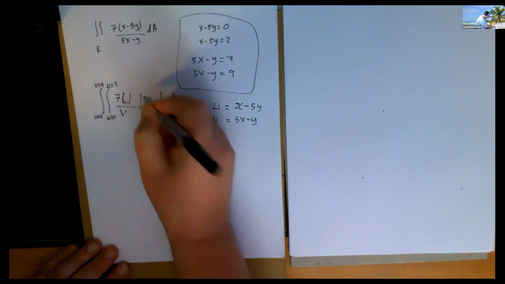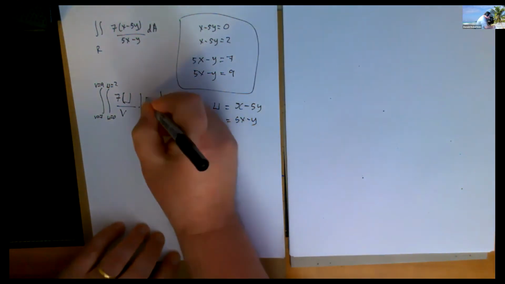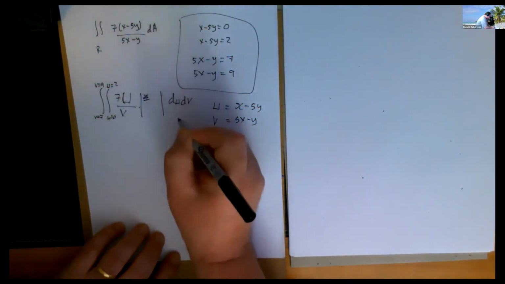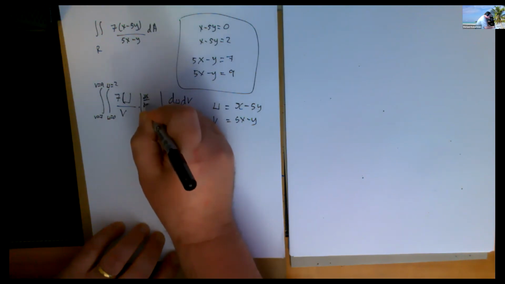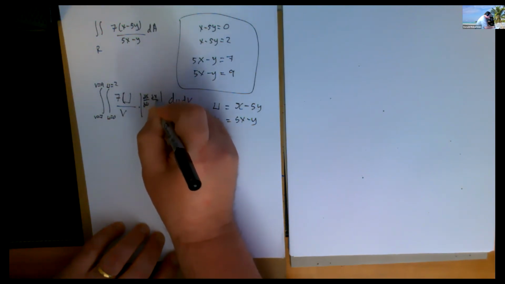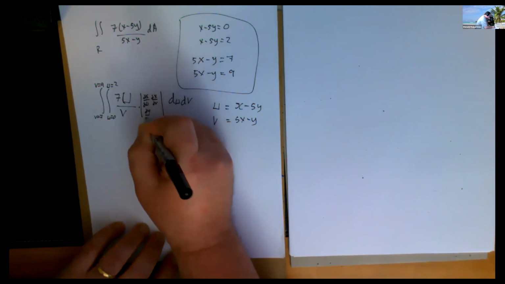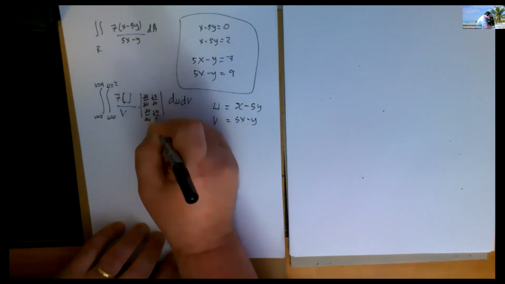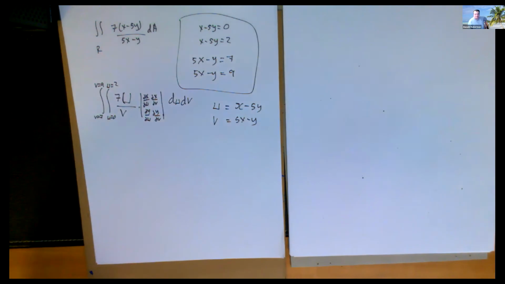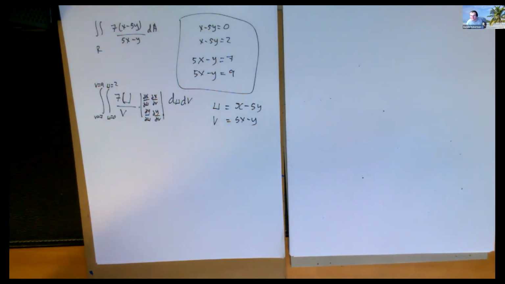And then all we've got to do is the Jacobian. I'm going to try and make sure I get them the right way around. I think I got them the right way around for a change, because I always seem to want to go du by dx. Oh, by the way, I could have done du by dx. Suppose the answer was 4, because I know it's going to be a number. Wouldn't the answer be a quarter?